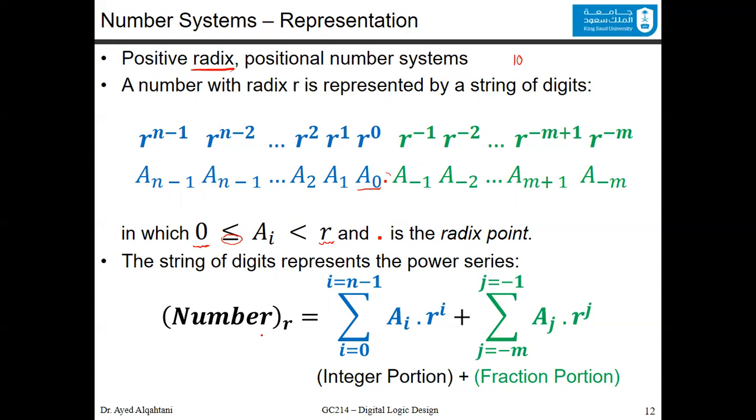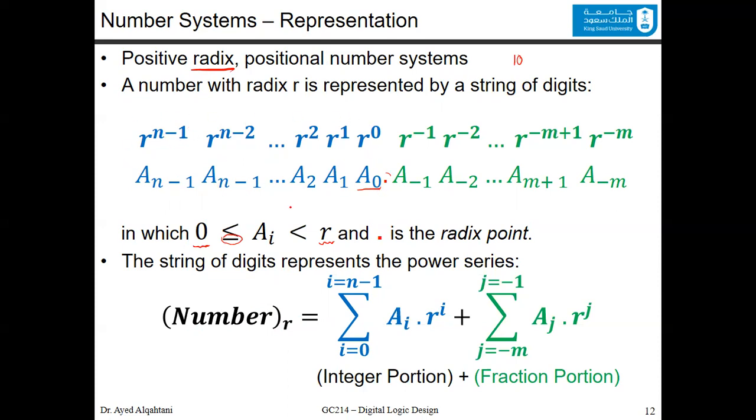So any number with a certain radix R is equal to the summation of A0 multiplied by R^0, plus A1 multiplied by R^1, plus A2 multiplied by R^2, and so on, up to AN-1 multiplied by R^(N-1).